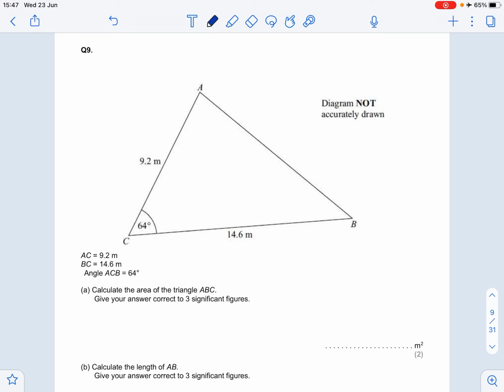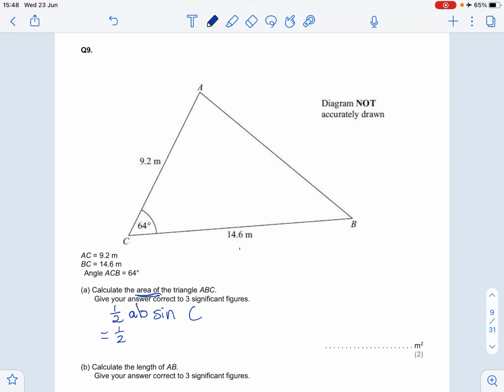Question 9. Calculate the area of the triangle. When we see the area, and we recognize this is not a right angle, and we're not given the height, straight away we write down our formula for the area, which is half ab sin C. Just remember to label your diagram.